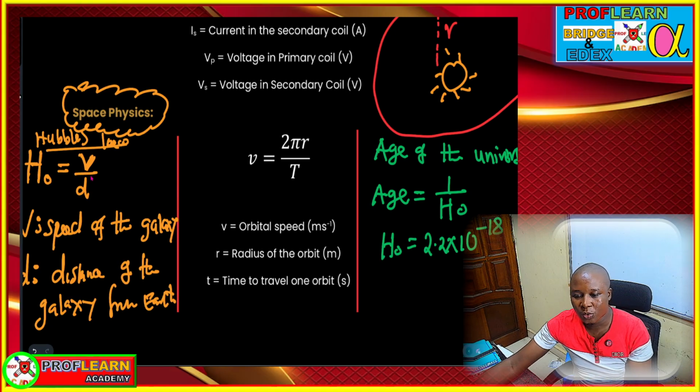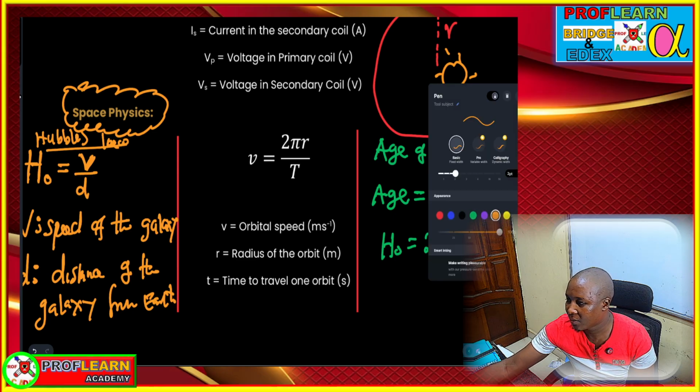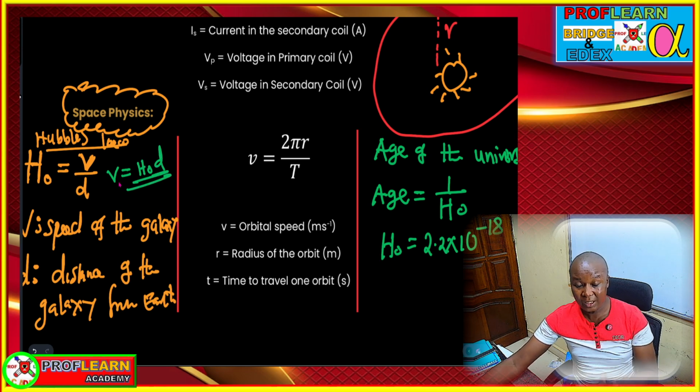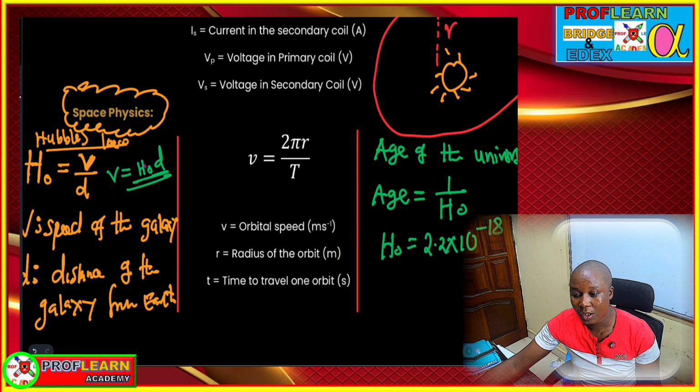So if you want to determine the speed of a galaxy, you need to use this formula that we have given here, and you shall say that the speed of a galaxy is Hubble's constant times the distance that galaxy is from Earth. That question probably will be tested, so you need to understand how this works.